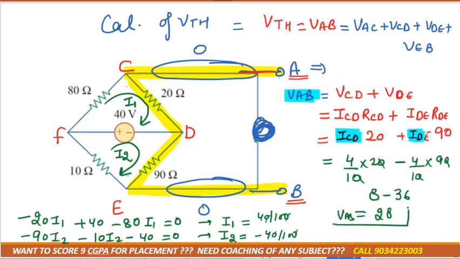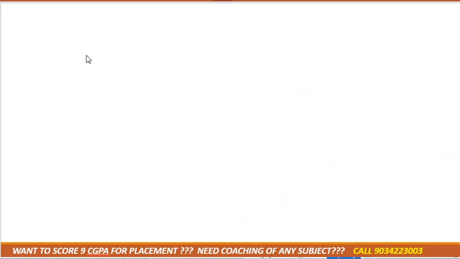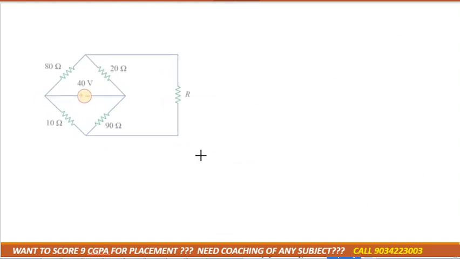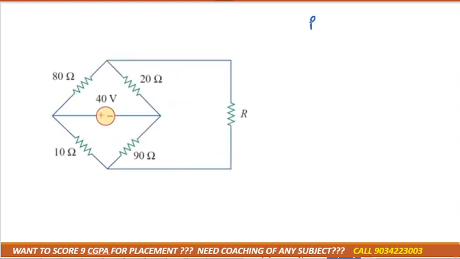Okay. Now the next thing what we need to calculate, RTH, right? Again, this was the same circuit. We need to calculate RTH. For RTH, what we need to do? Voltage source must be short circuit or open circuit? Short circuit.